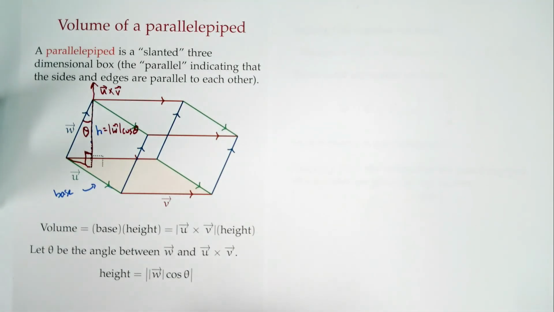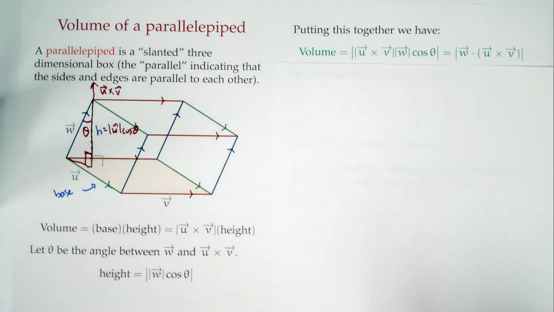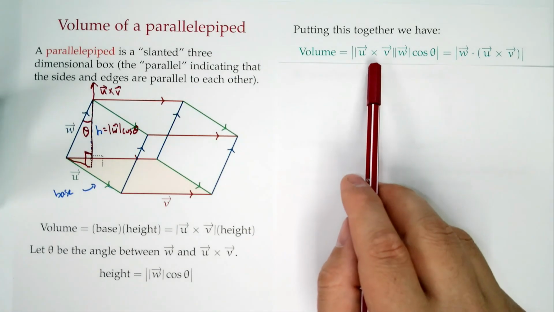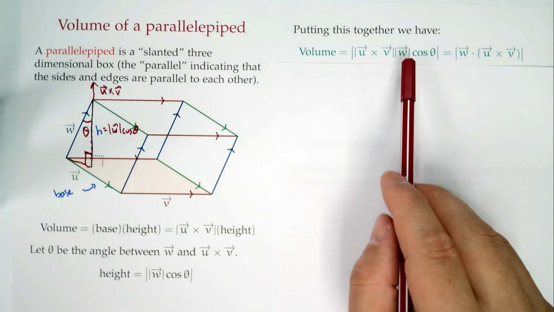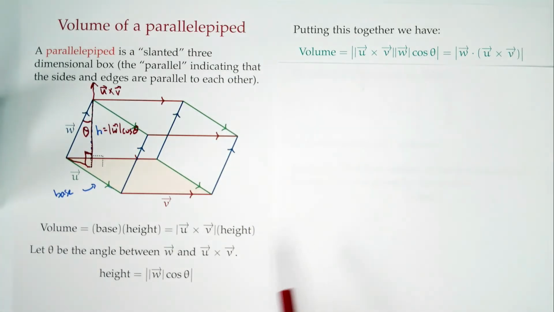All right, so here we go. Let's put this in. What do we have? Well, we now have the magnitude of u cross v, the magnitude of w, and cosine theta, because we have that magnitude of u cross v and the magnitude of w times cosine theta, base height. And I can move this into the absolute value.